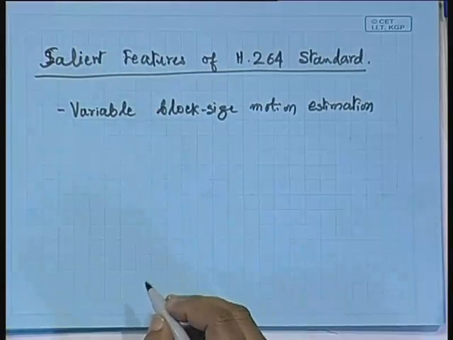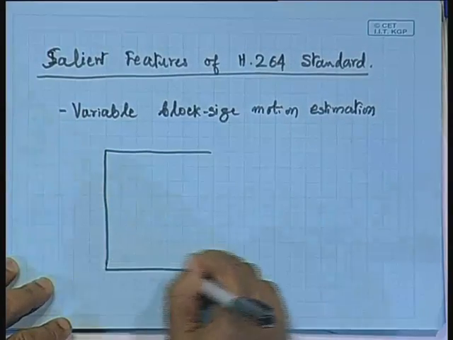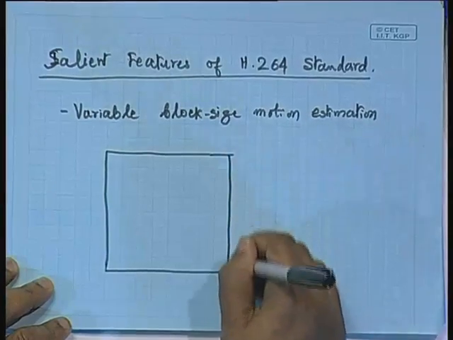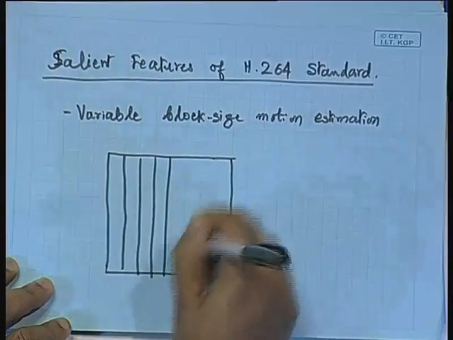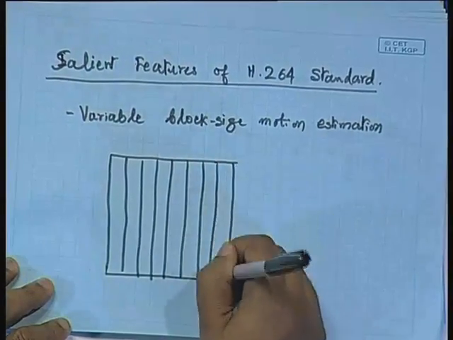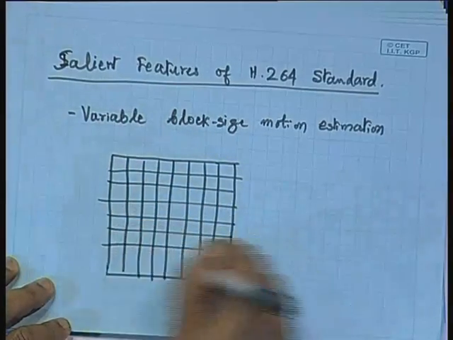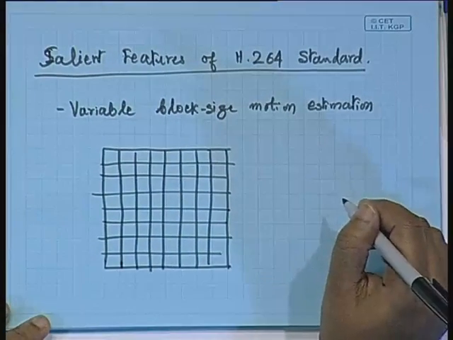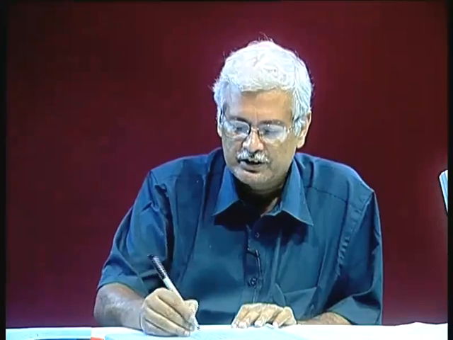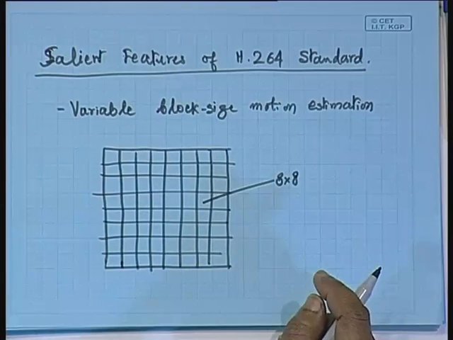Now, you see, so far I was saying that we subdivide the frame into non-overlapping blocks of some fixed size. That fixed size could be 8 by 8. So, conventionally it is partitioned into fixed block sizes. All of these are 8 by 8 block sizes.